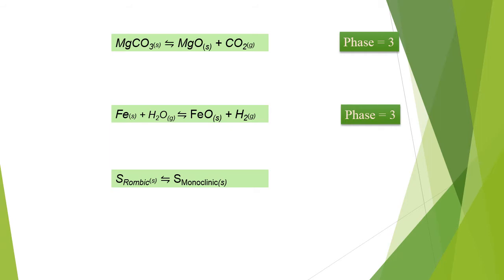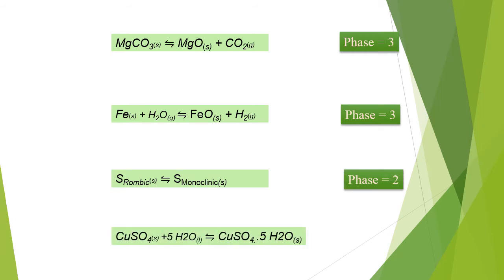I have told you all solids constitute different phases, so it is 2 phases. And I have copper sulfate with 5H2O forming copper sulfate 5H2O crystal. So here we have two solid phases and one liquid phase. So totally we have 3 phases here.